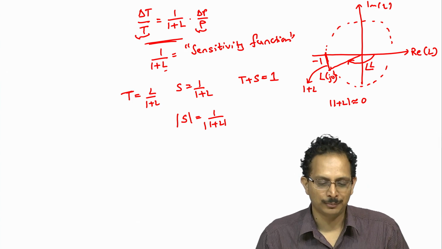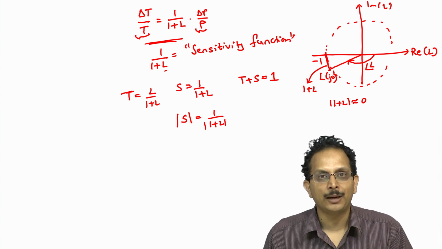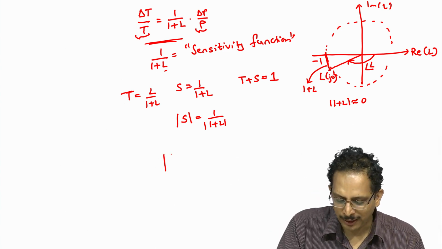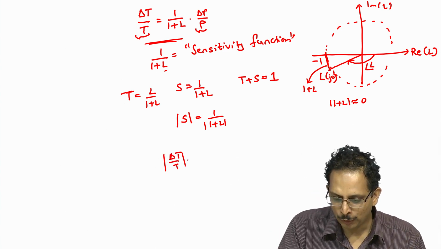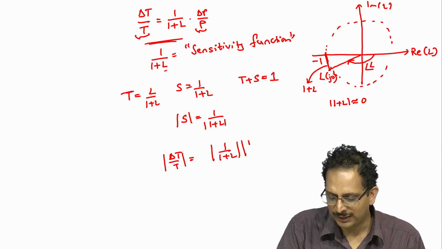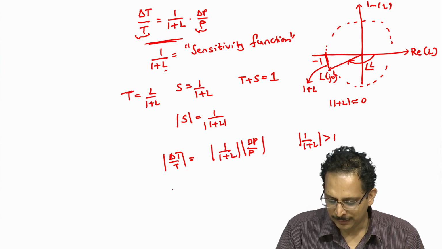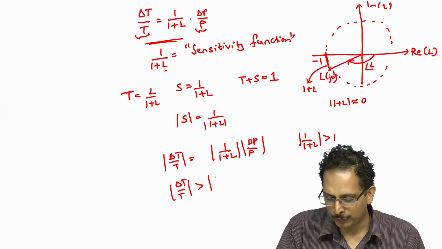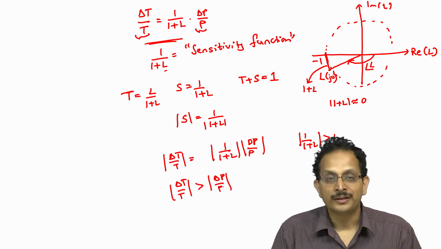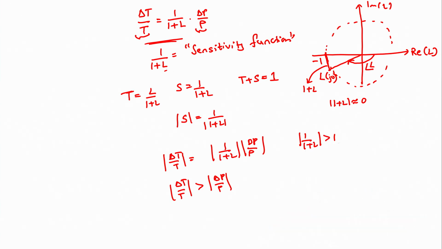actual plant itself, because delta T by T is going to be equal to 1 by 1 plus L times delta P by P, which in turn implies that the magnitude of delta T by T is going to be equal to the magnitude of 1 by 1 plus L times the magnitude of delta P by P. And if the magnitude of 1 by 1 plus L is greater than 1, then we would have that the magnitude of delta T by T would be greater than the magnitude of delta P by P. So in this frequency range, we are actually doing the opposite of what we as control engineers wish to do.